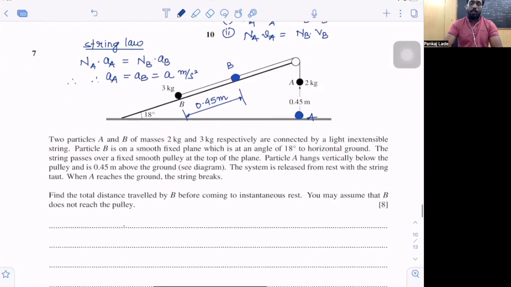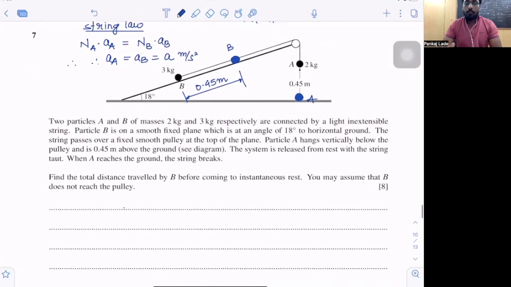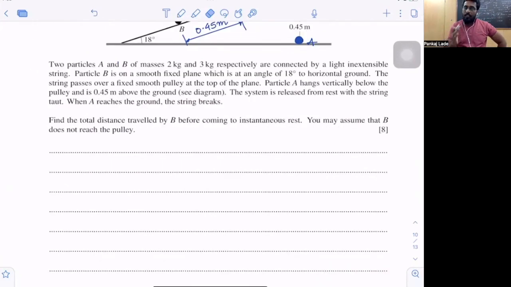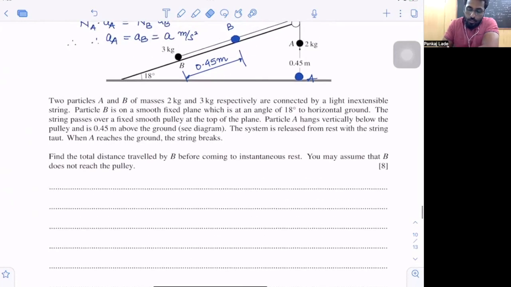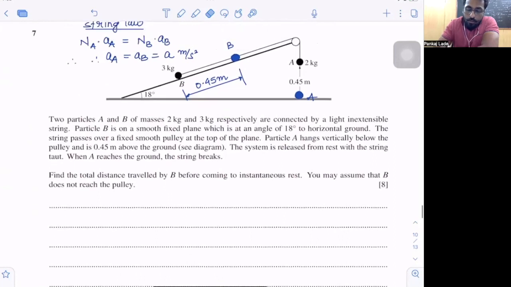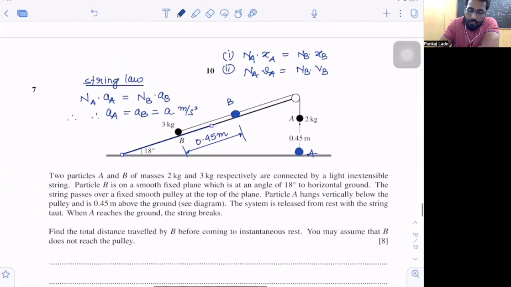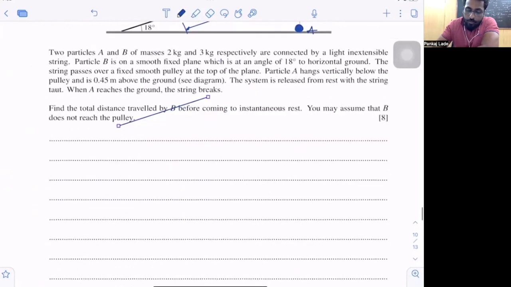First I'll construct the FBD of B. So let's draw the FBD of particle B over here. I can see that particle B is along an inclined plane. So I'm going to draw a line over here like this. It's an inclined plane. I just pick that line and bring it over here for perfection.